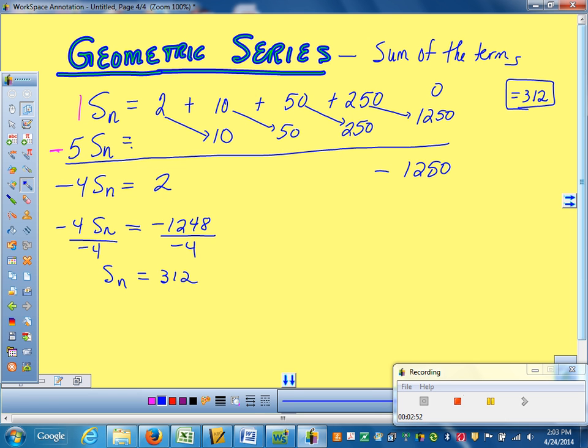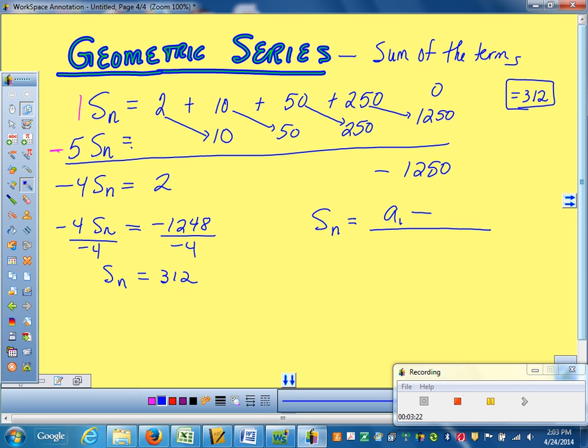5 is the ratio. I chose to multiply by the ratio. So now, translate this. To get the negative 1248, we did 2 minus 1250. Where did 2 come from? That was the first term. Where did I get 1250?